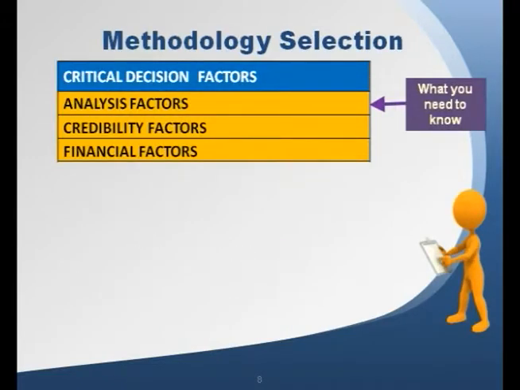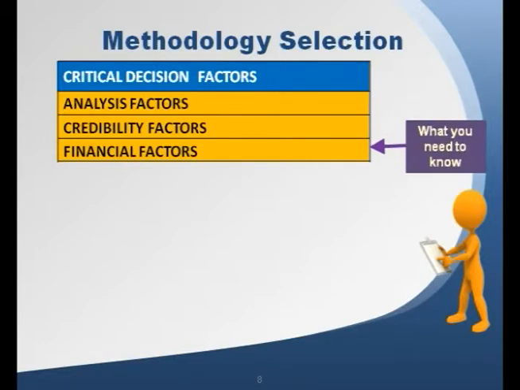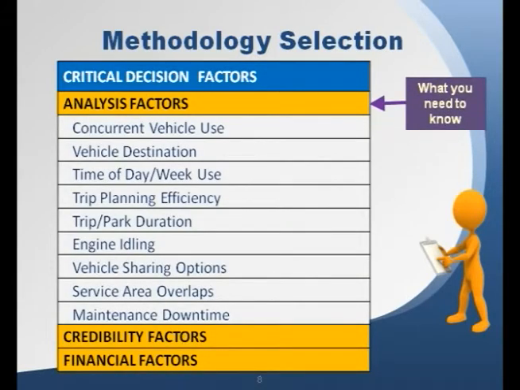As mentioned earlier, methodology selection is a critical step to a good right-size audit outcome. The three areas you need to consider when selecting a fleet right-size methodology are analysis, credibility, and financial factors. Analysis is important from so many perspectives. The method you choose should provide data that can be analyzed in many ways.